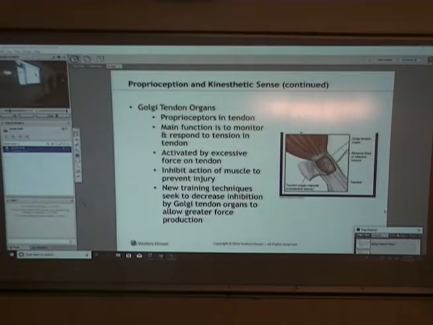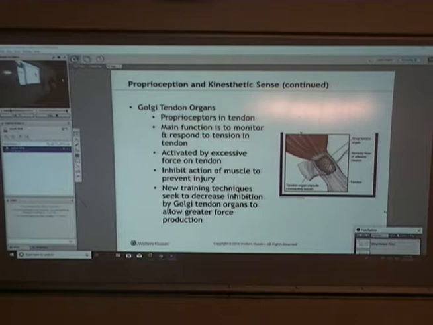So if there's a large force on the tendon, there's lots of tension being created within the muscle and the tendon. The GTO will send a signal to the spinal column saying too much tension, and we get a signal back to the muscle that says relax, chill out, turn off some of those motor units, let's take some of the tension out here, otherwise this muscle is going to blow up.